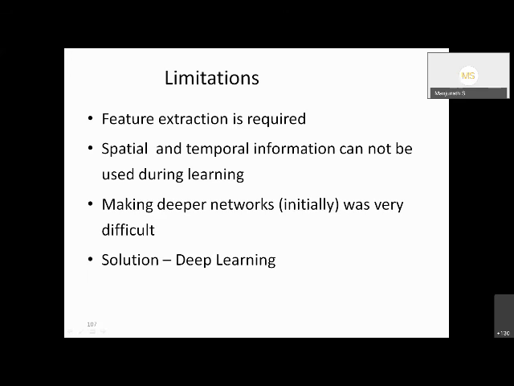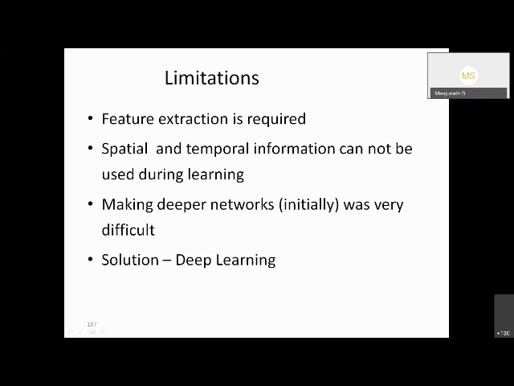The next limitation is which learning algorithm should be used. This is a general question. Normally we are worried whether I should go for SVM or neural network or Bayesian classifier or something else, because there are hundreds of learning algorithms which can be used. So normally, if we don't have proper knowledge about pattern recognition or machine learning, we do a trial and error approach.